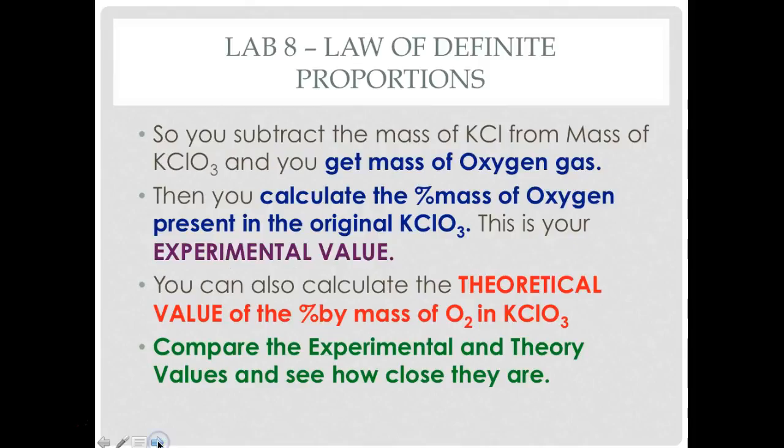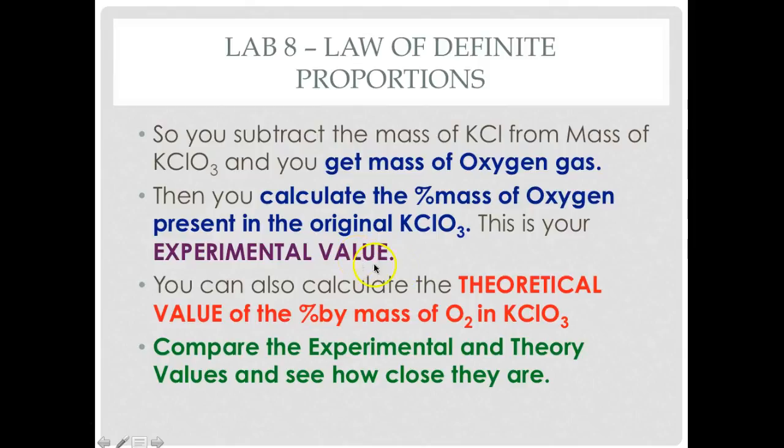So what you're going to do is subtract the mass of the potassium chloride from the mass of the potassium chlorate. Then you should get the mass of the oxygen. Once you have that mass, you'll calculate the percentage by mass of oxygen in the original potassium chlorate. This would be your experimental value for that percentage.